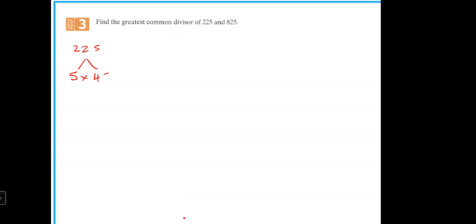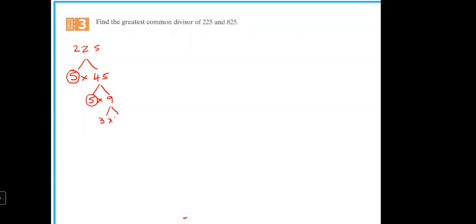Okay, 45. So you could circle this 5 because that's a prime number. Now 45 could be broken down to 5 again. 5 times 9. Prime number here. And then the 9 could be broken down to 3 times 3.